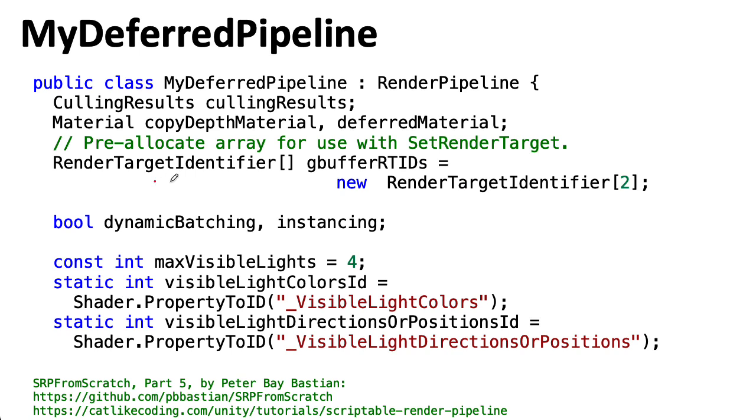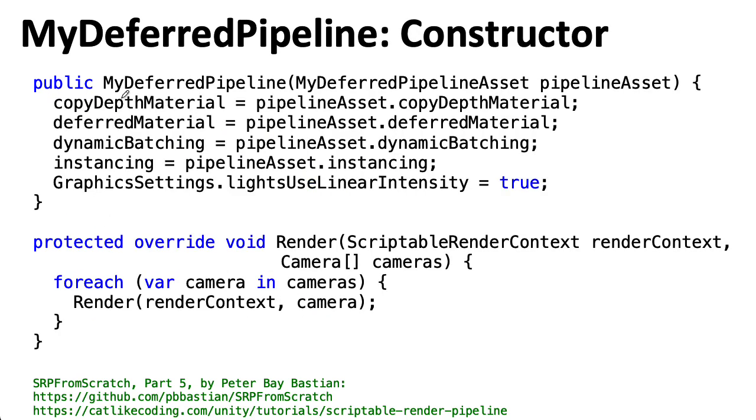Here we're creating an array of render target identifiers associated with our two GBuffers. Here we're declaring the variables for our CopyDepth material and deferred material in our render pipeline object. Note that these aren't automatically assigned to what we had in the render pipeline asset. We'll need to do that in code. And here's that code.